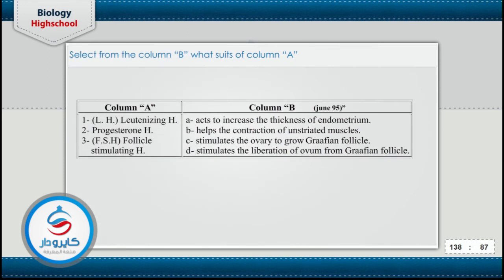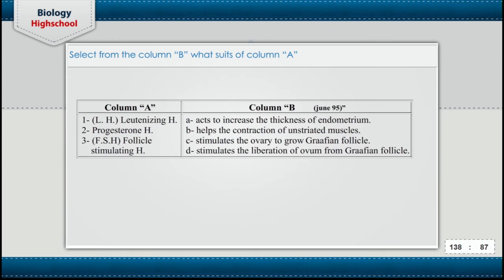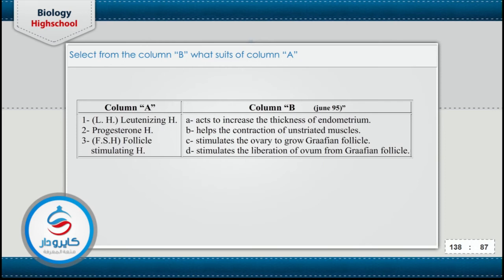LH or luteinizing hormone, progesterone hormone, follicle stimulating hormone. Then in column B we find "acts to increase the thickness of the endometrium", so I am looking here for the progesterone hormone. "Helps the contraction of the unstriated muscles".